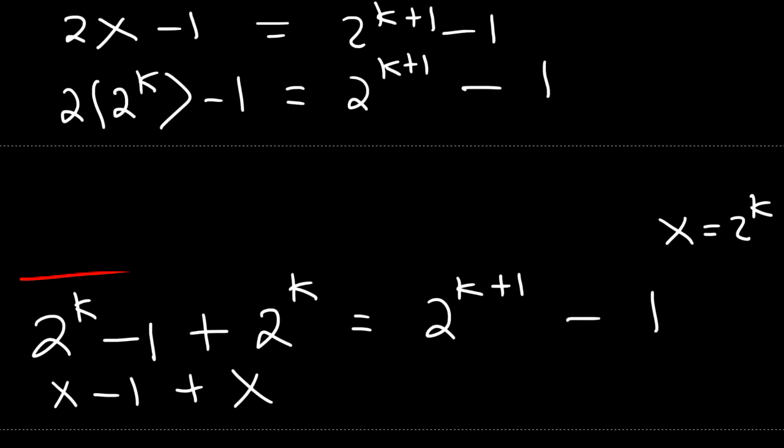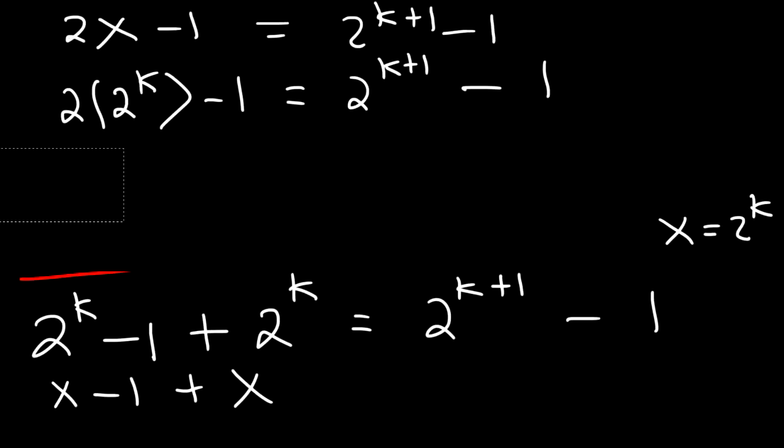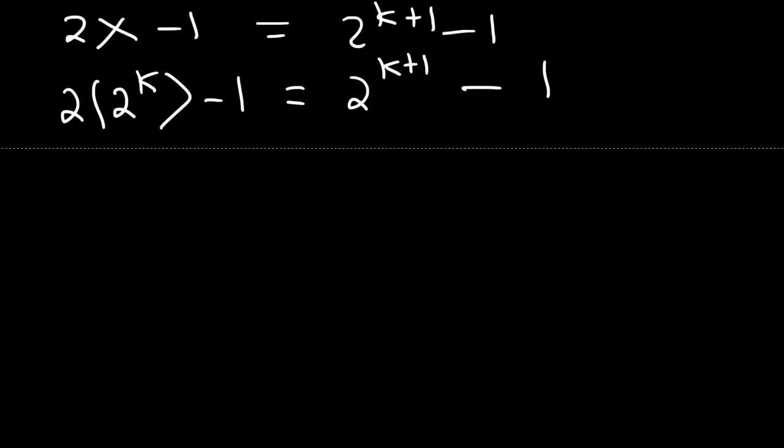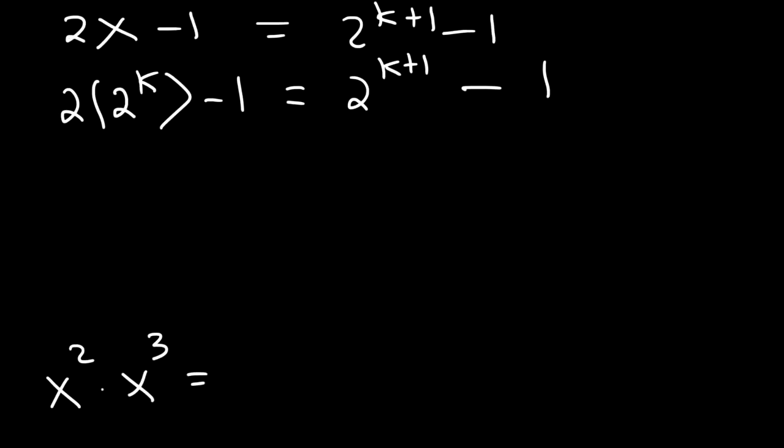Now let's focus on properties of exponents. So let's say if we have x squared times x cubed. When you multiply by a common base, you can add the exponents. X squared times x cubed is x to the 5th.